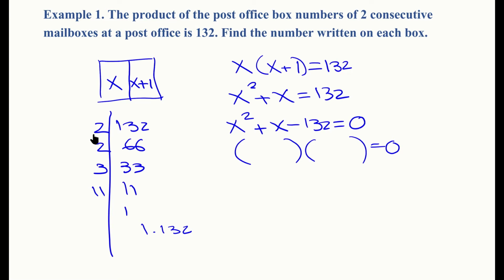But then we also notice there's 2 times 66, right? 3 times... see, 2 times 2 is 4 times 11 is 44, right? But none of those are doing us any good yet, because we're trying to look for two numbers whose product is negative 132, but whose sum is positive 1.